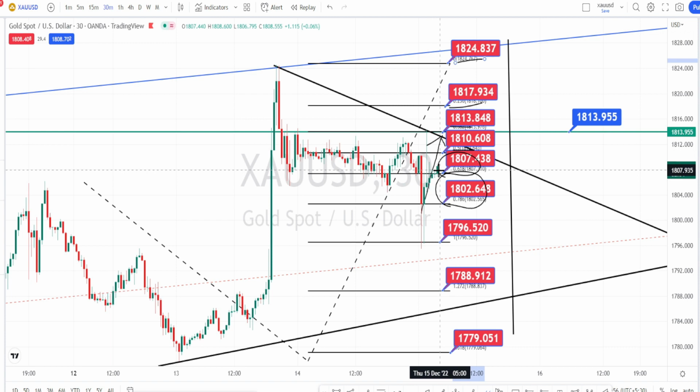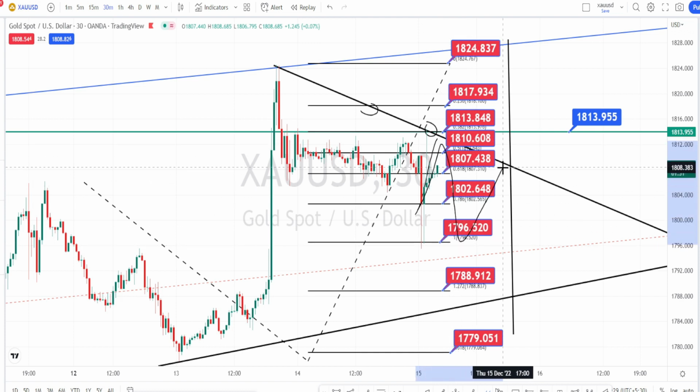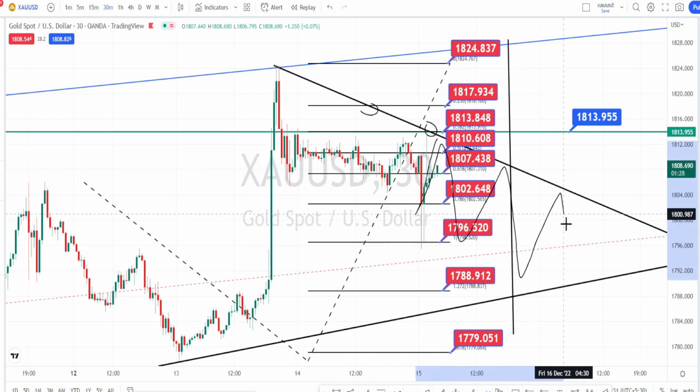And if the price action bounces back from the resistance level of 1807, next level of support on the bearish side is going to be around 1802, 1796, 1788 and 1779. And as long as the price action is trading below this resistance line from the hourly time frame, we can expect a bearish side retracement to continue in 30 minutes time frame also.